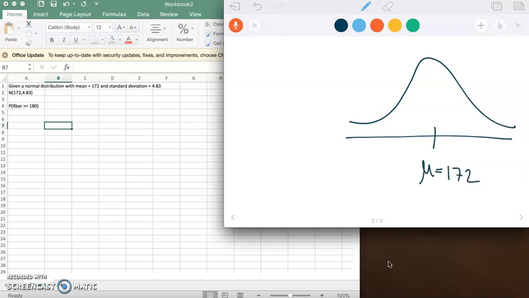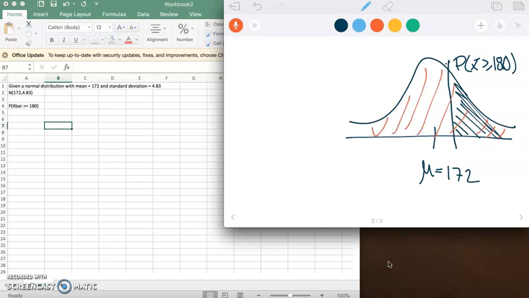What we want to find is the area over here, the probability that X bar is greater than or equal to 180. The other important thing to remember is that this entire area, that probability, is 1. Remember, the sum of the probabilities of all the possible outcomes is always 1.